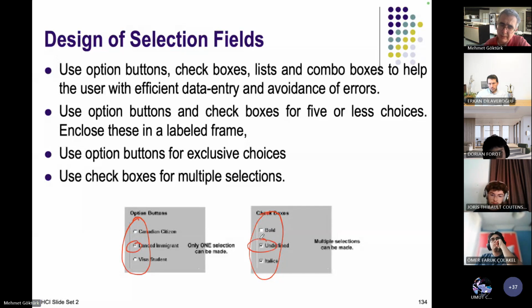Checkboxes are for and type selections. So you can select multiple checkboxes at once, but you cannot select multiple radio buttons. So if there is an exclusive selection, use radio buttons rather than checkboxes. Mixing these creates confusion for the user. So try to use the correct selection method.